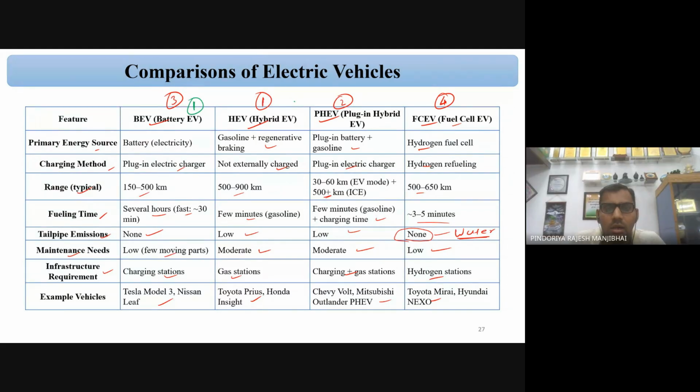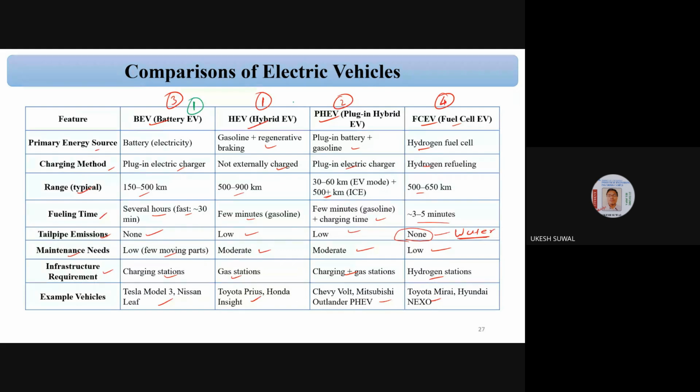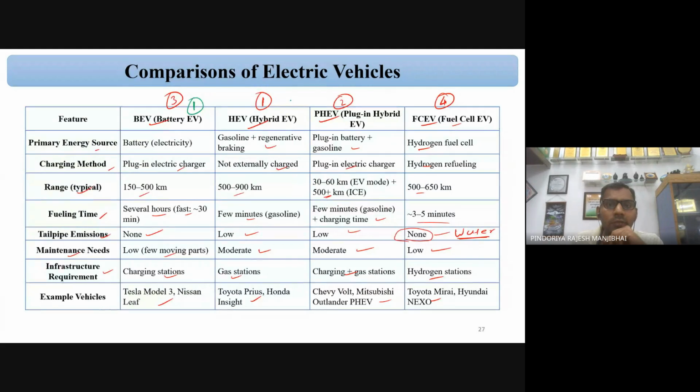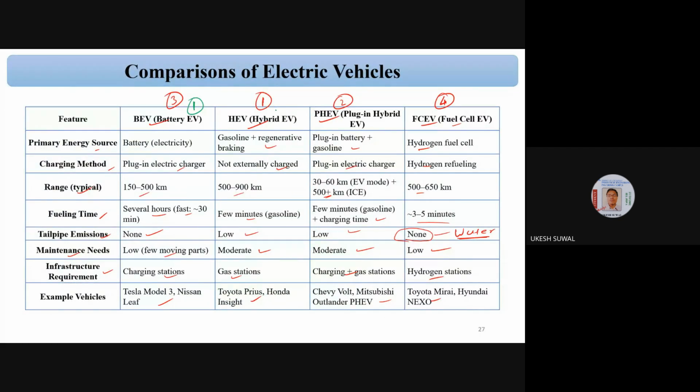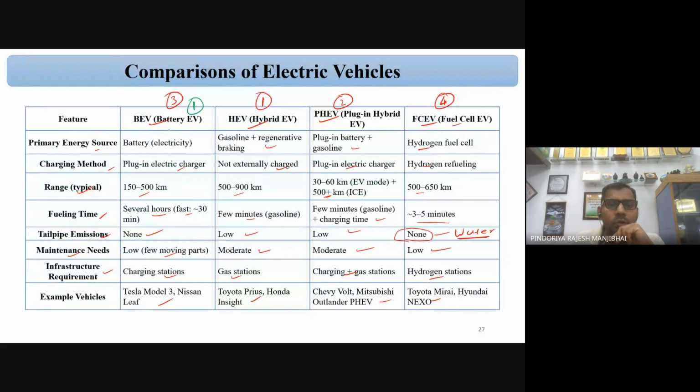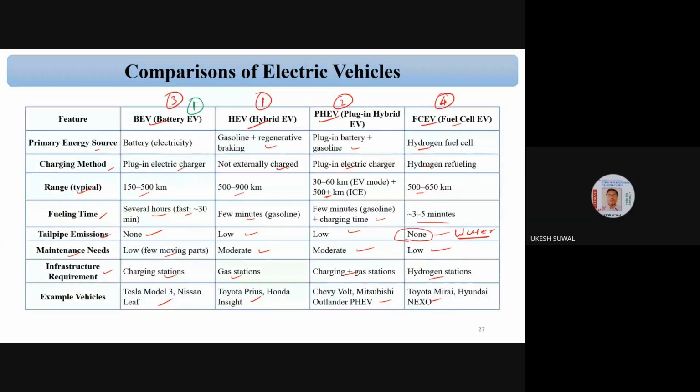It needs an electric motor plus a diesel engine or IC engine. So I think it is expensive, sir. So HEV should be the second number. Third number, I'm not sure about HEV or PHEV, sir. Okay. But as per your knowledge, BEV is a cheaper car compared to the other three. I think yes, sir.